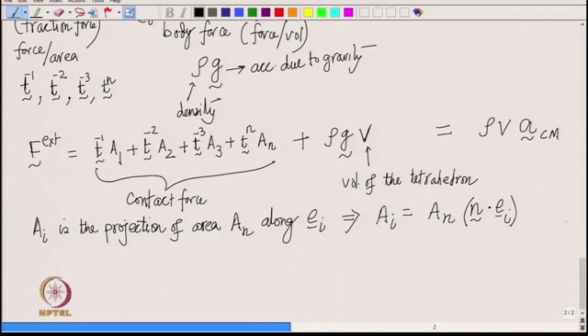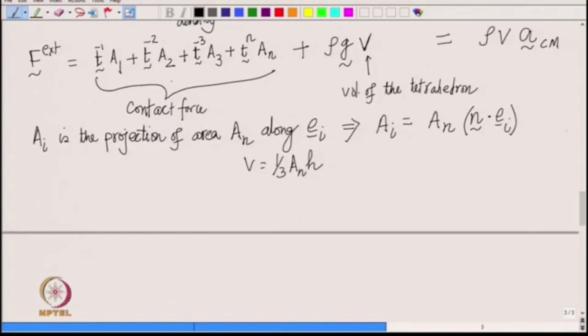And then we have also found out that the volume V was 1/3 A n times h. So, let us plug in these formulas in our equation and see what we get. Each of the areas A I is A n times n dot E I. So, A n is common, A n comes out.